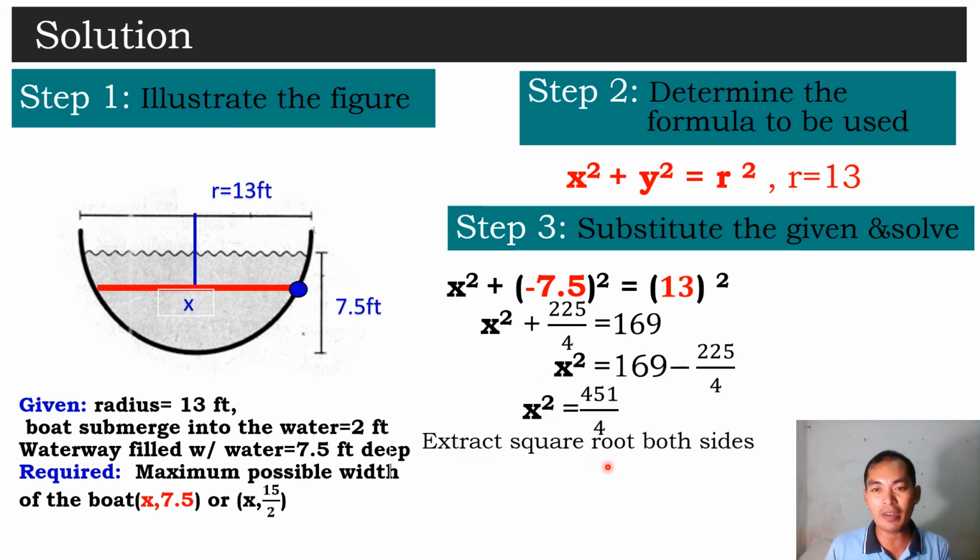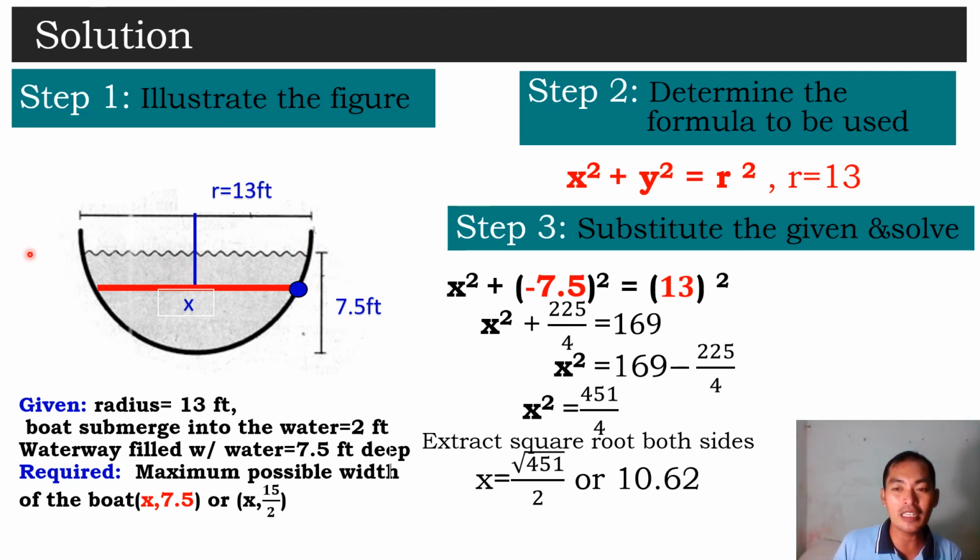Then, extract square root both sides kasi may square yung x. x lang kailangan natin, to remove the exponent 2. So, maging square root tayo. Square root of 451 over 2 because 4 is a perfect square of 2, or 10.62. This is only in one side from the center going here. Remember that this is a circle, so papunta rin doon sa kabila.